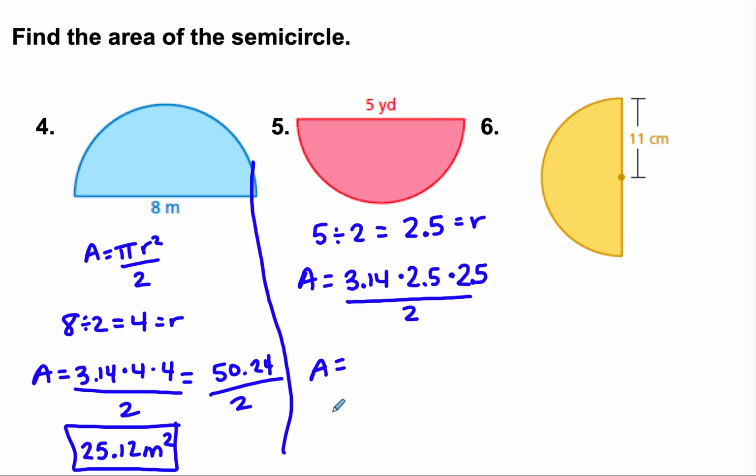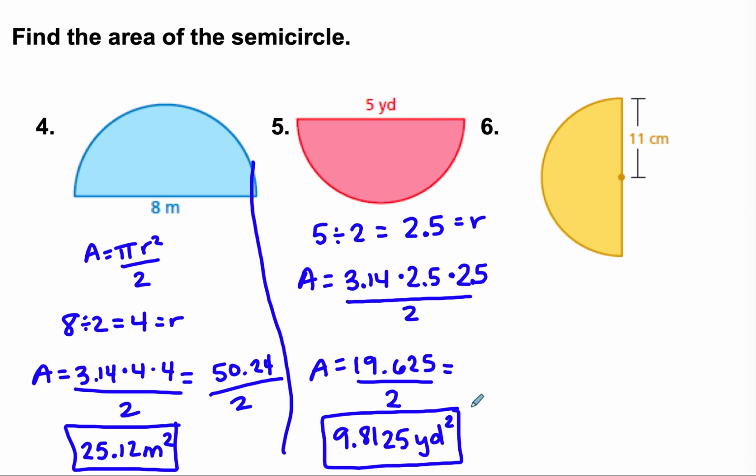Okay, so 3.14 times 2.5 times another 2.5 gives me 19.625, so 19 and 625 thousandths, divided by 2, and that is going to give us 9 and 8,125 ten-thousandths yards squared. They did not say to round our answer, so we are not going to. We're going to give an exact answer here.